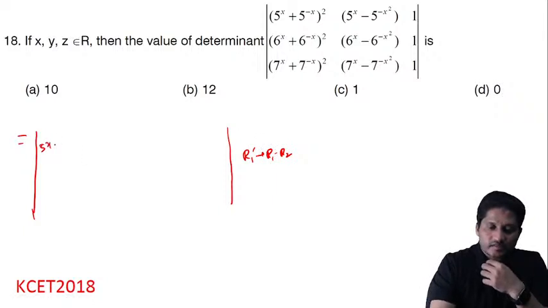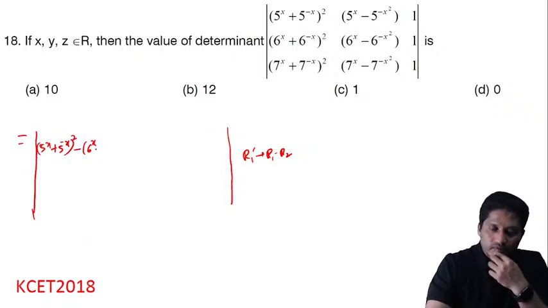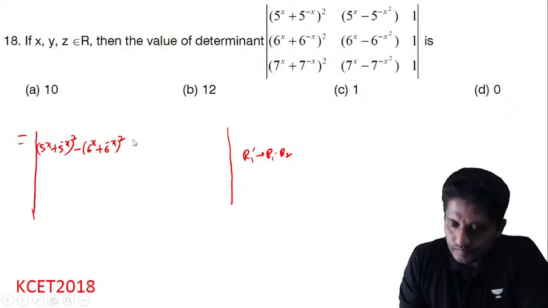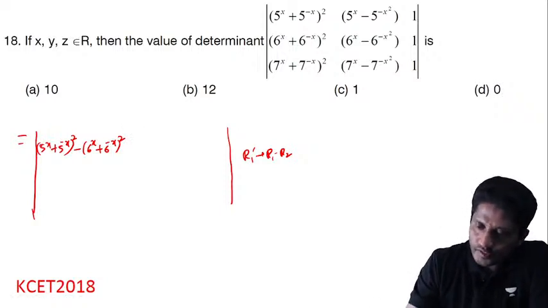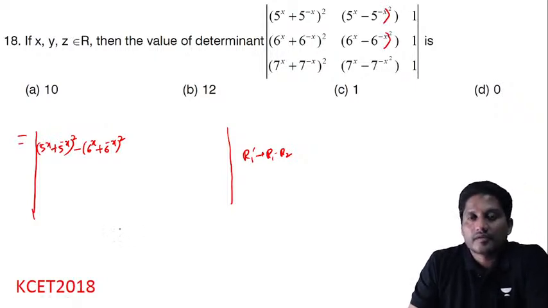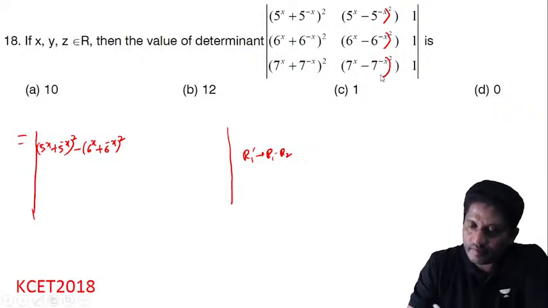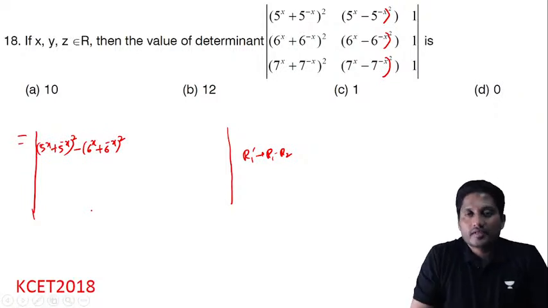5 power x plus 5 power minus x the whole square minus 6 power x plus 6 power minus x the whole square, then this is equal to 5 power x, take here the whole square, and 7 power x minus 7 power minus x the whole square.